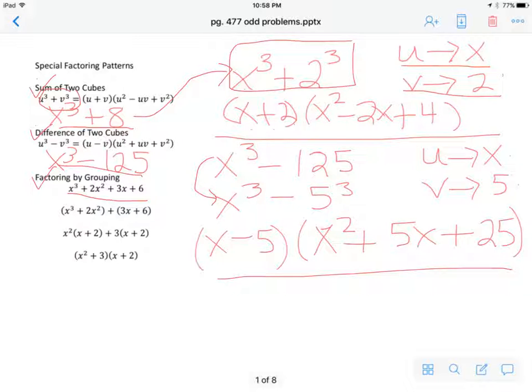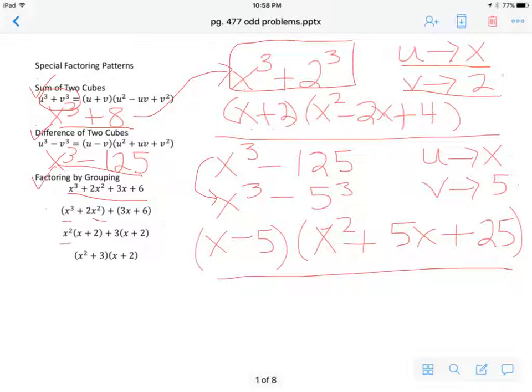The last method is called factoring by grouping, and you can follow through here. The first step is to put parentheses around the first two terms and around the last two terms. In the first two terms, you factor out the greatest common factor. Since x cubed and x squared both have an x squared, the greatest common factor is x squared.